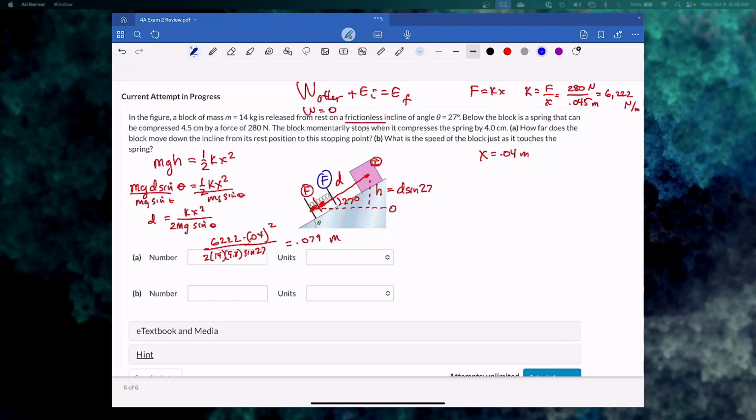So again, I'm going to alter where my 0 is. Altering my 0, does it change the relationship between the vertical height and the distance it travels? No, it's still d sine theta. None of that changed. The same triangle. This is still 27 degrees, and it's still not touching the angle and all that kind of stuff.